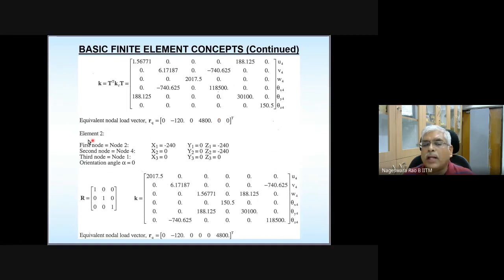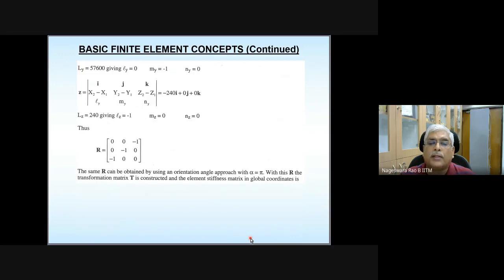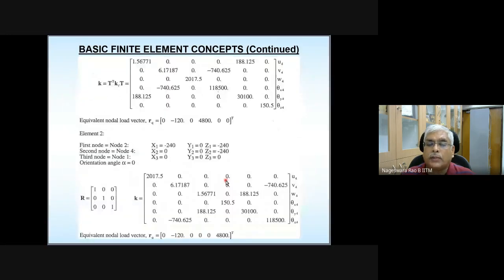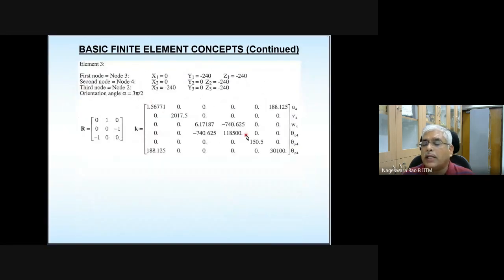A similar exercise you need to do for element 2, and also the equivalent nodal vector, because on element 2 also the UDL is applied. And a similar exercise you can do for element 3. There is no equivalent load vector for element 3 because there is no load applied on the vertical member.